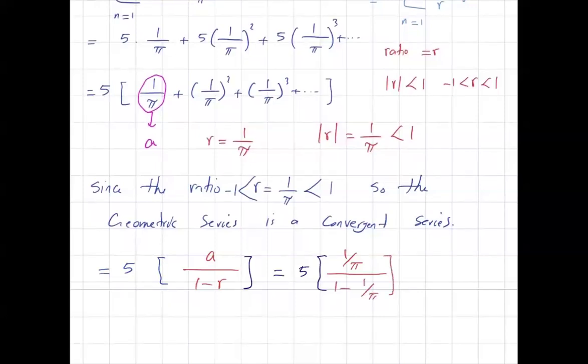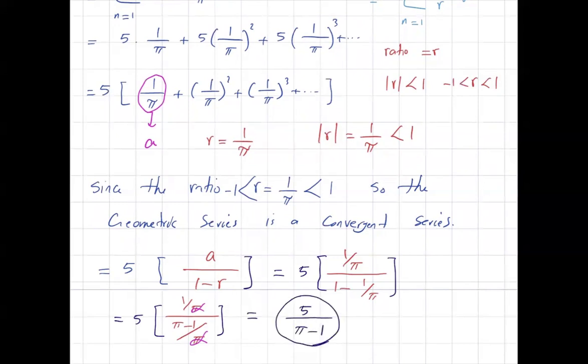You can simplify this further, doing a little bit of algebra. So you have 5 times 1 over pi divided by pi minus 1 over pi. So we can get rid of the common denominator here, and this is equal to 5 divided by pi minus 1.